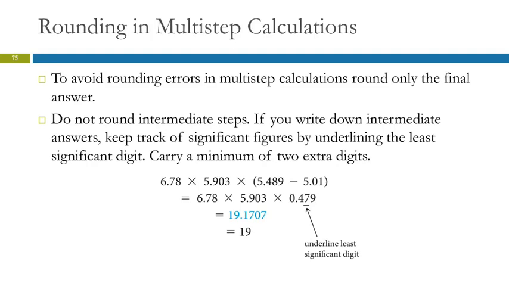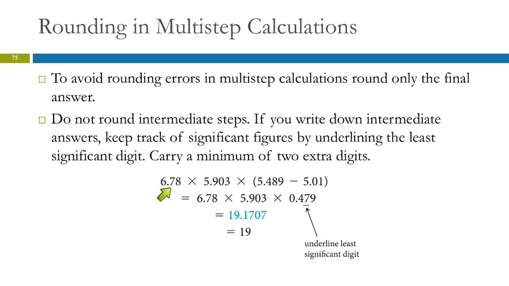So my rule is to carry a minimum of 2 extra digits. If you want to keep all of them, that's fine. It just gets a little tedious punching in and writing down all of those numbers. The minimum you need is the correct number of sig figs, and then just write down 2 more digits. You don't even have to worry about rounding them or anything, just write them down. Okay, so I will be following that pattern.